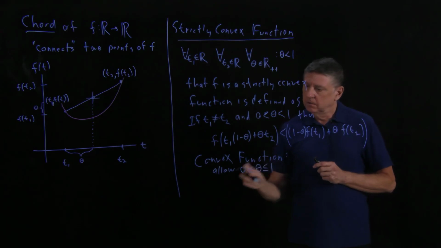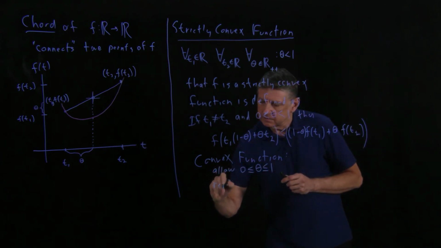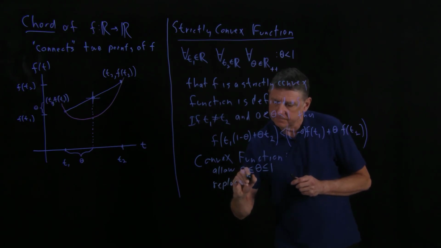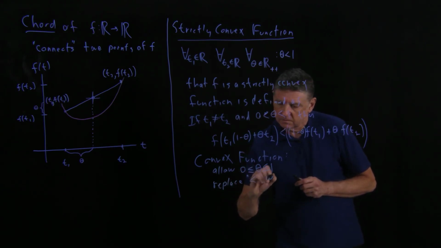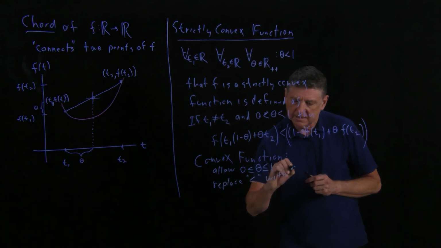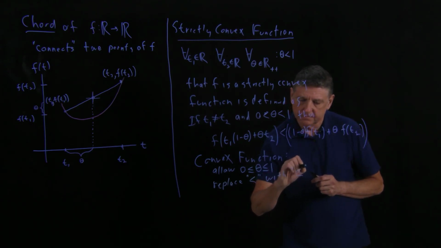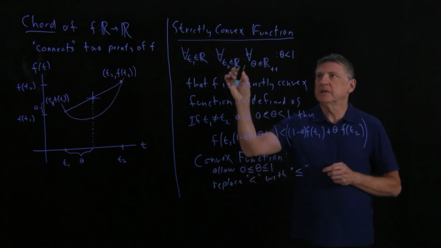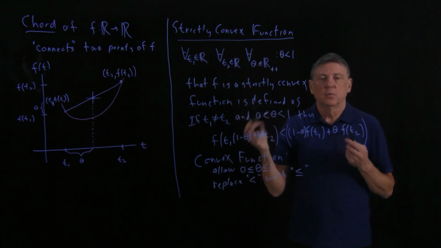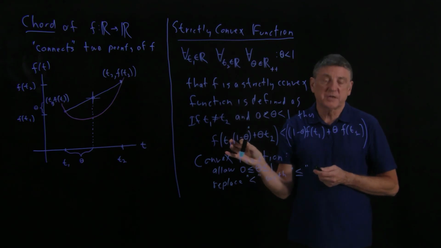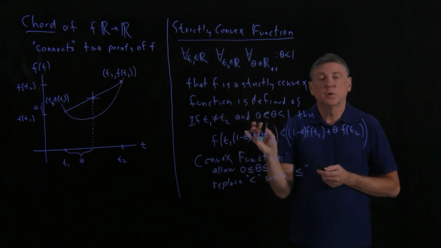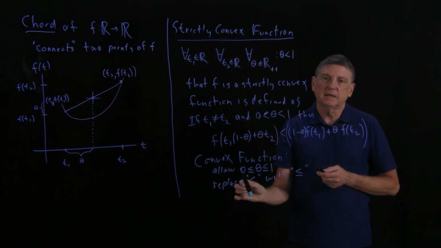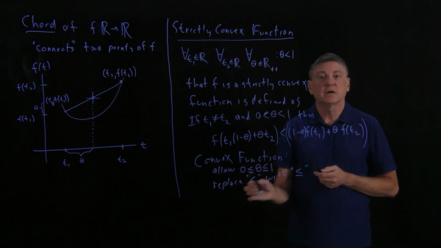And then we'll replace the strict inequality with an inequality. And if we do that, we'll have a convex function. A strictly convex function is a particularly nice function, but it's one that we often won't have. Usually what we end up analyzing in this course is a convex function.